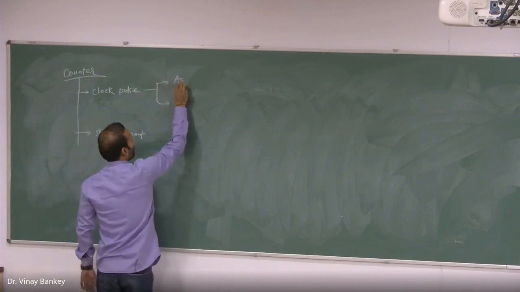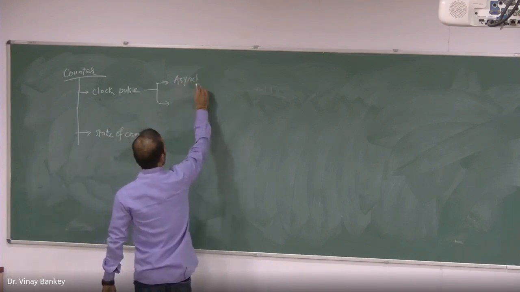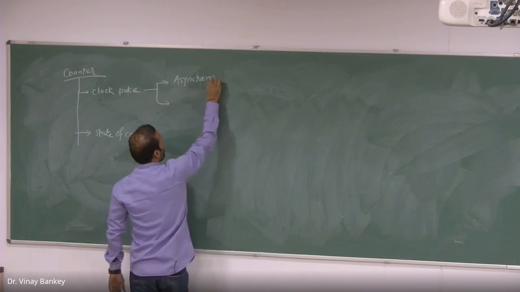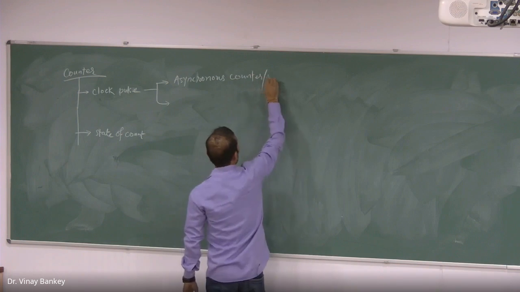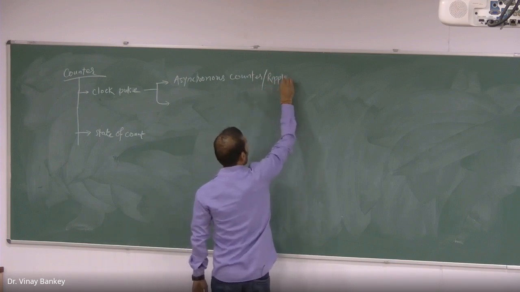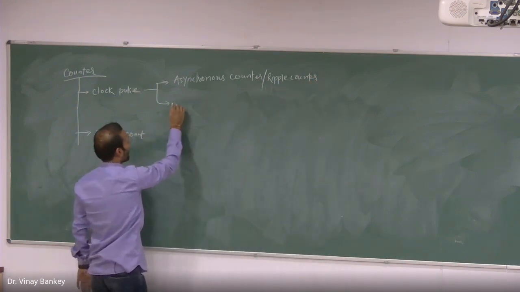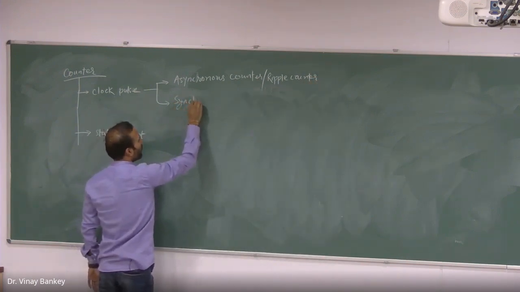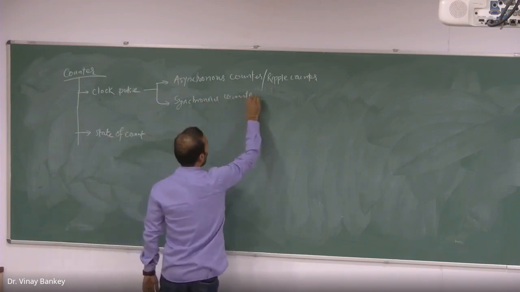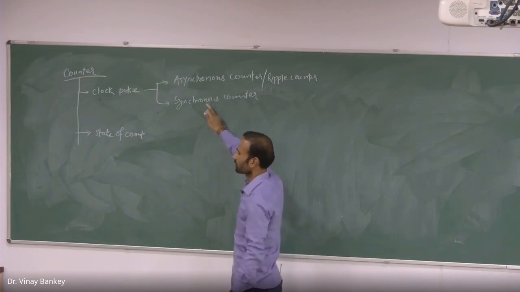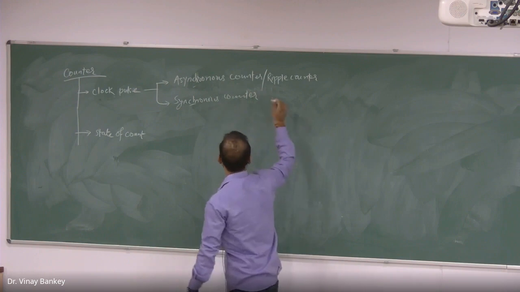First is asynchronous counters, or we can also call this ripple counter. The second is synchronous counter. Which one is correct? Spelling. I think H should be there.